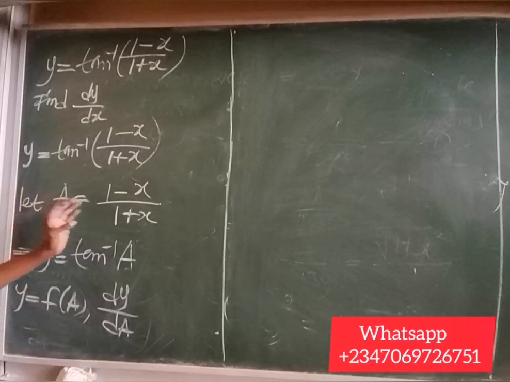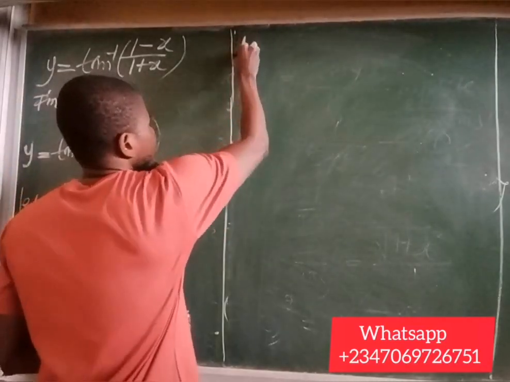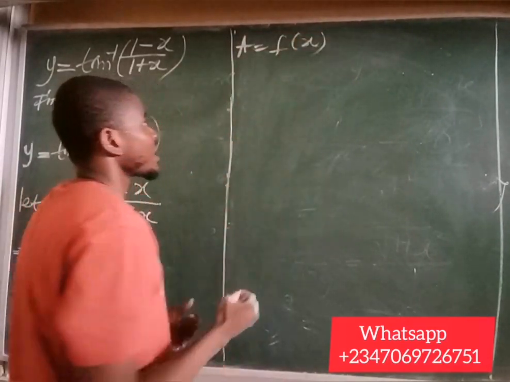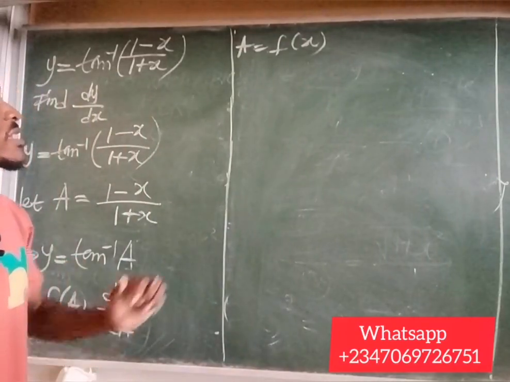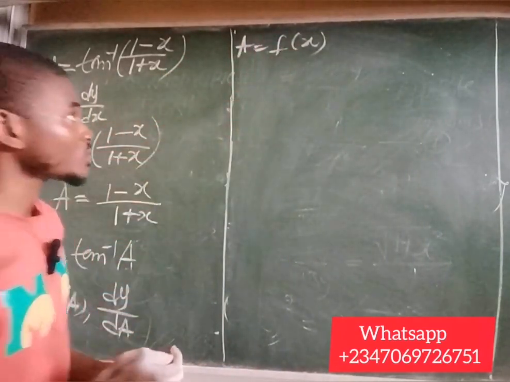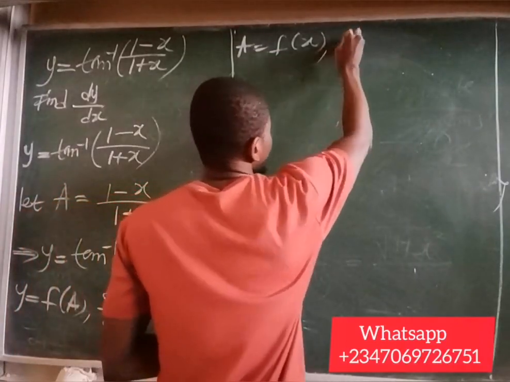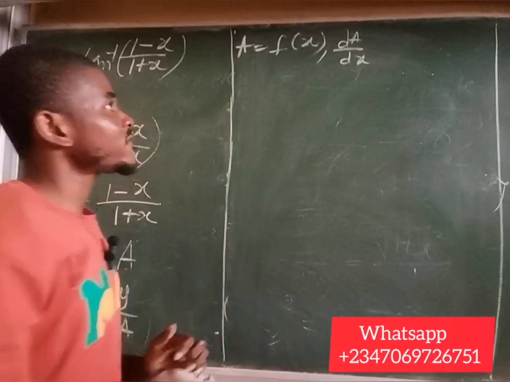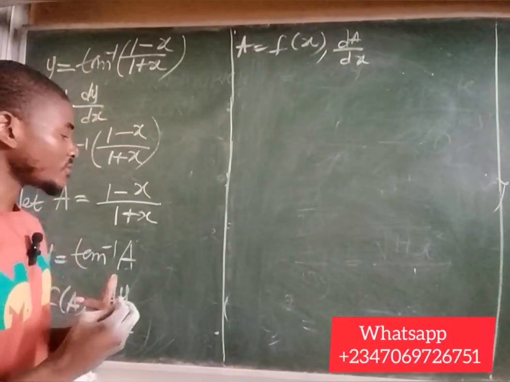Also from here, a depends on the values of x, which means a is also a function of x. And if a is a function of x, it means I can differentiate a with respect to x. So this will simply give me da all over dx.